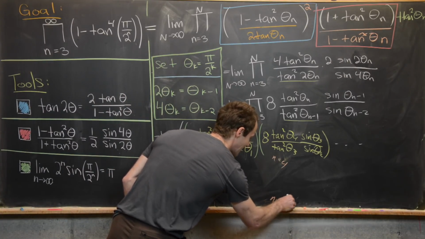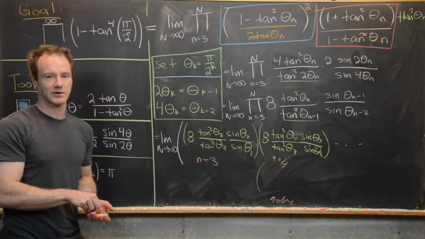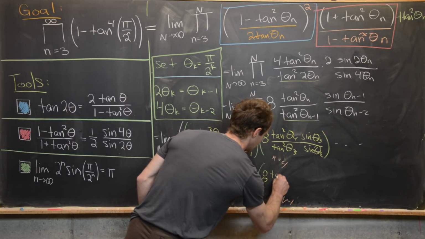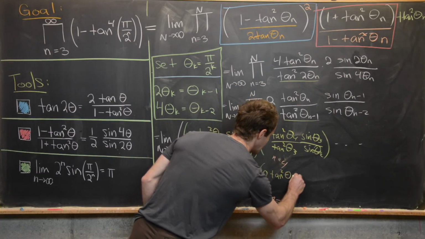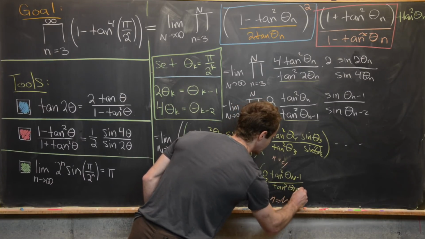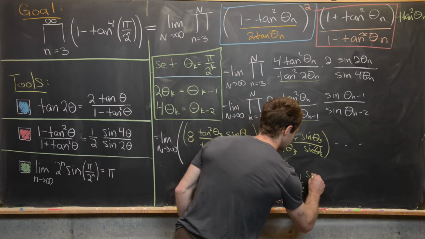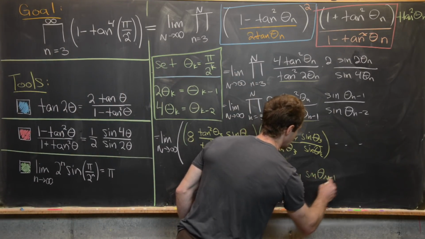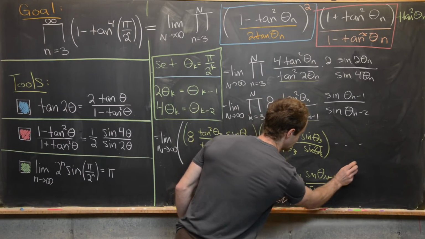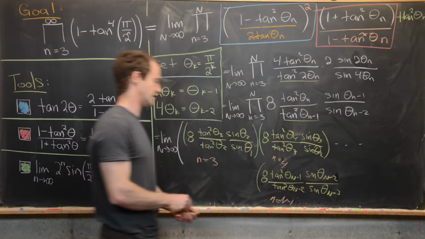So the n equals capital N minus 1 term. So in other words, everywhere I see an n, I'm going to put an n minus 1. So that's going to give me an 8. And then I have tangent squared theta capital N minus 1 over tangent squared theta capital N minus 2. And then I have the same kind of thing with sine. So this is the sine theta n minus 1 over sine theta, sorry, that should be n minus 2 in the numerator and theta n minus 3 in the denominator.